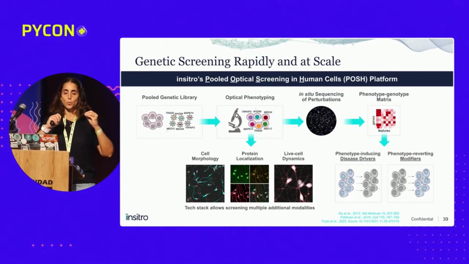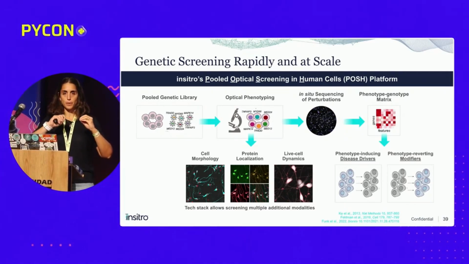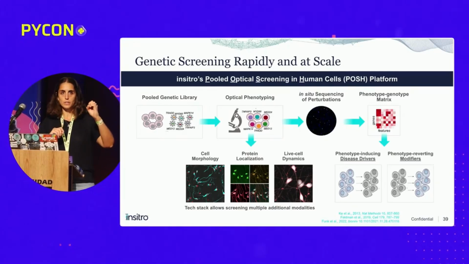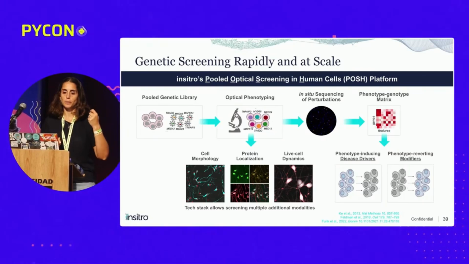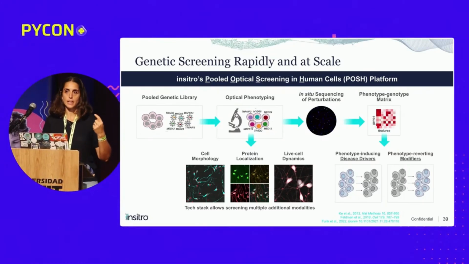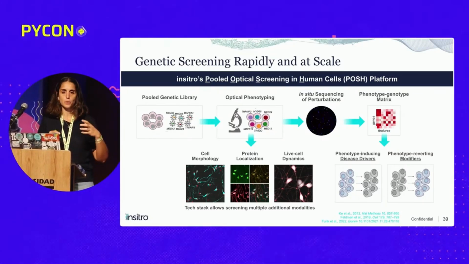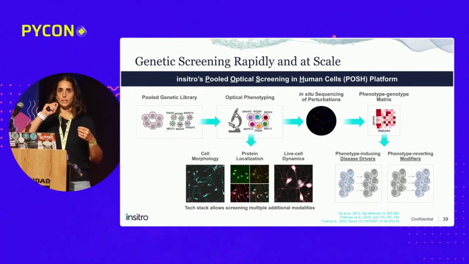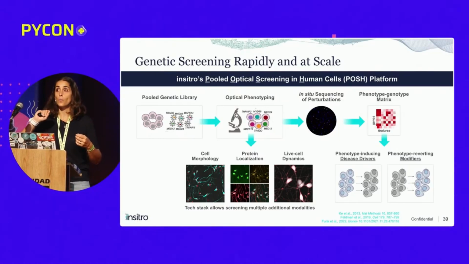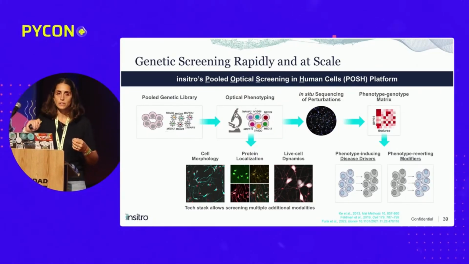We try to do this at a point that we optimize for one cell only getting one genetic edit. And then we do optical phenotyping. These edits are barcoded, so we can put the cells under the microscope and image to identify the barcodes. And this is how we know which perturbation the cells have.